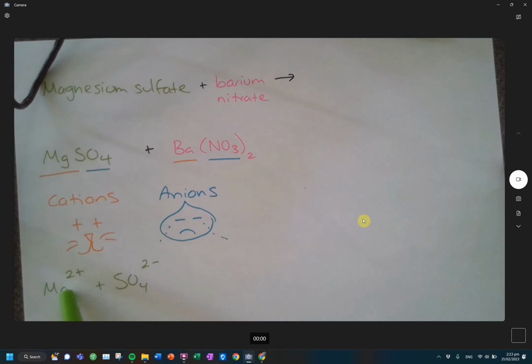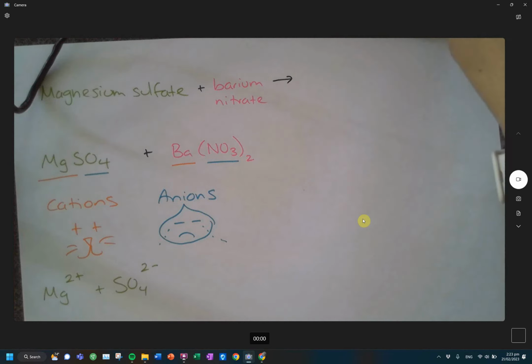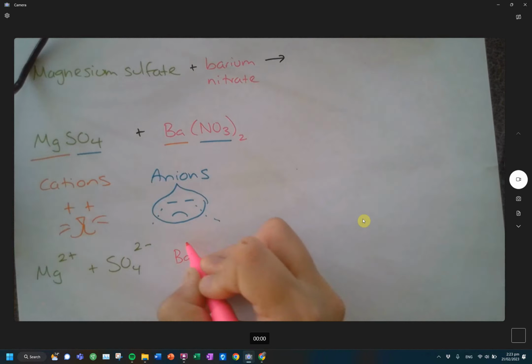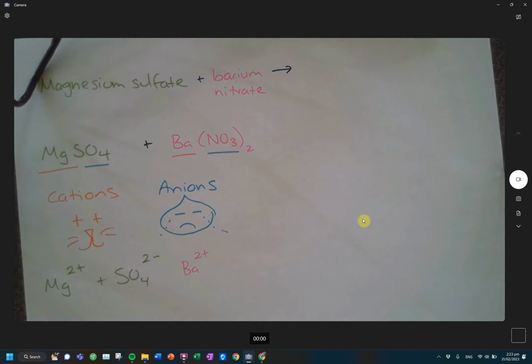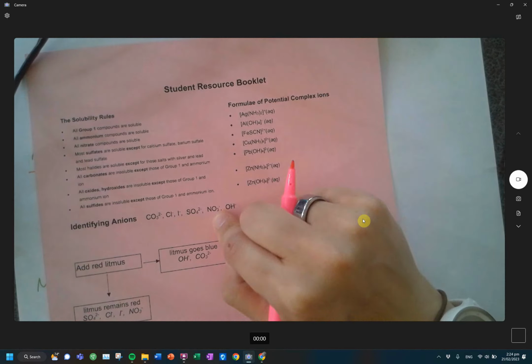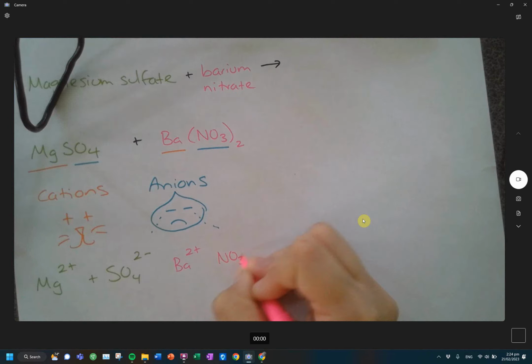So if I look at the charges of these two guys, I notice that's +2 and -2. That cancels out to 0. So that's why this doesn't have any subscripts below it. Barium nitrate, on the other hand, is Ba2+. The nitrate, if I want to look it up, it's an anion, and I see that it's NO3. Can't really tell on that little sheet, but it is a minus sign. So that only has a -1 charge.